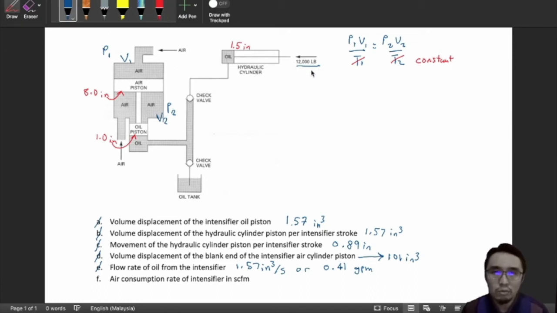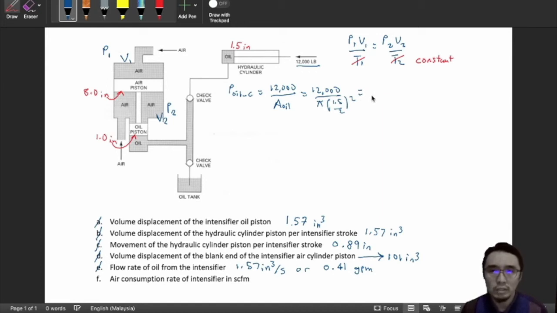Looking back at the load, we can find the pressure. Let's call it P oil of the cylinder. This is equal to the force, the load, divided by the area, so this is pi r squared.